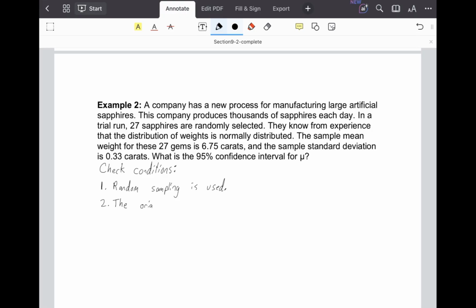I can just put the original distribution is normal. So the sampling distribution is normal, which is good. It meets that criteria.